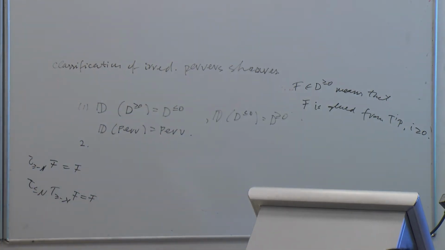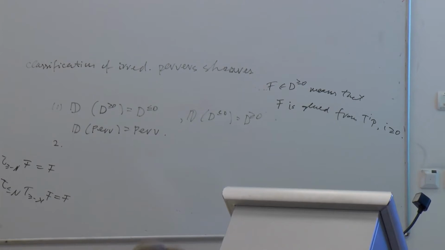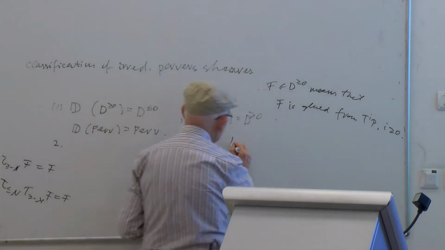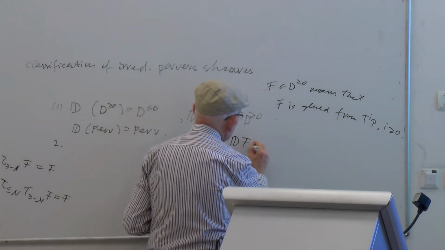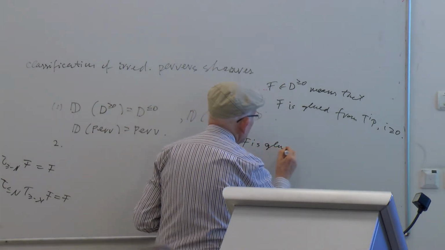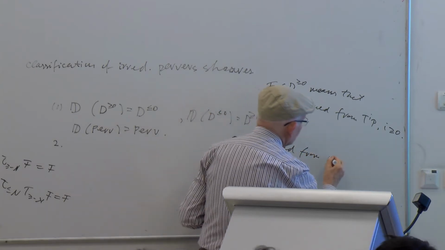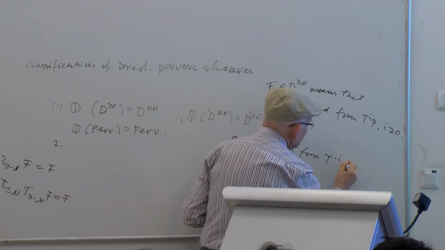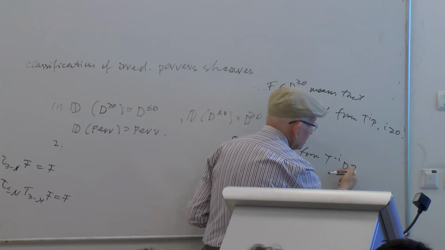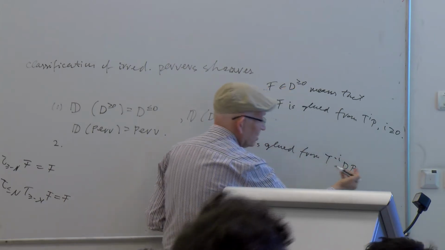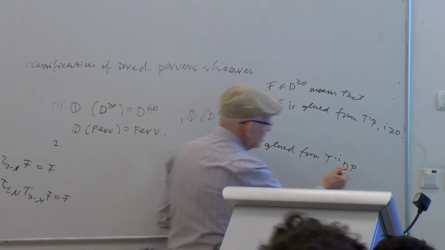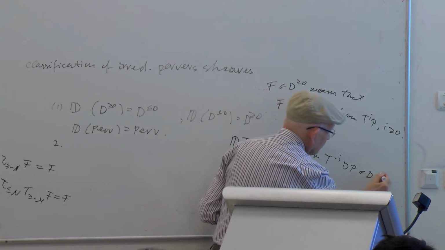So if you apply duality, then Df will be glued from T to the minus i of D P_i. These are perverse, and so it lies in D less or equal to 0.